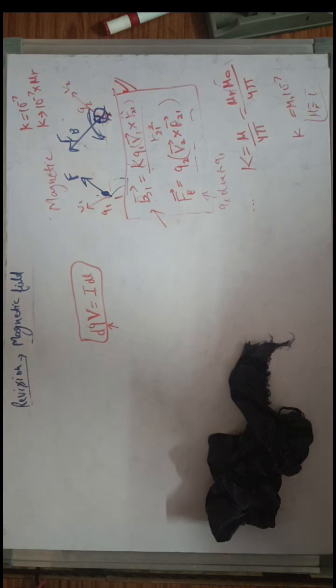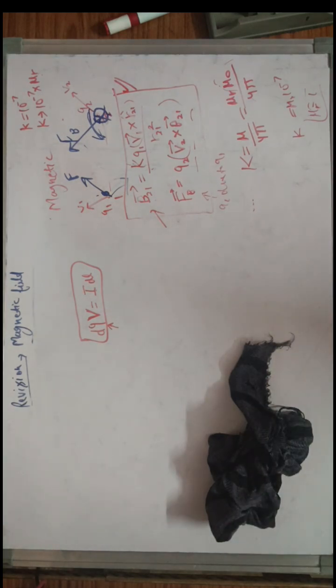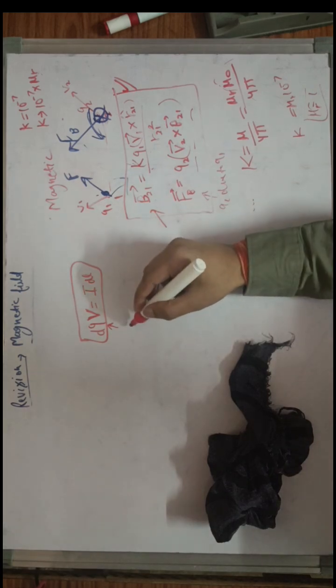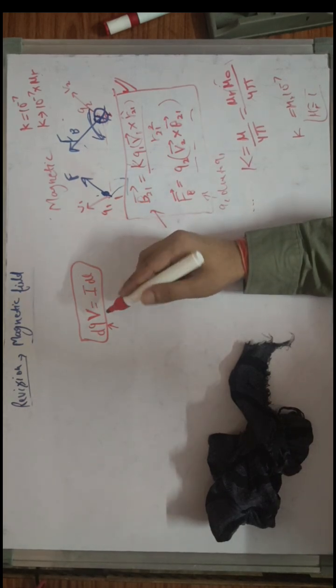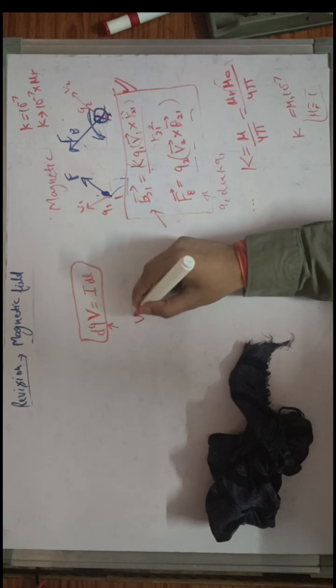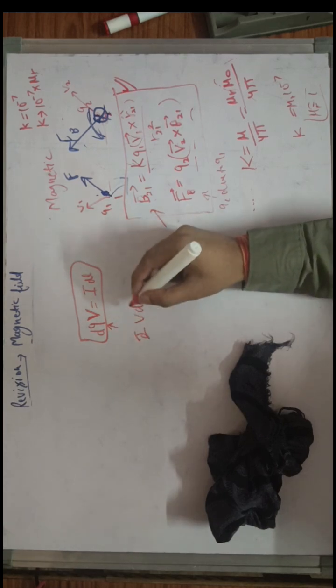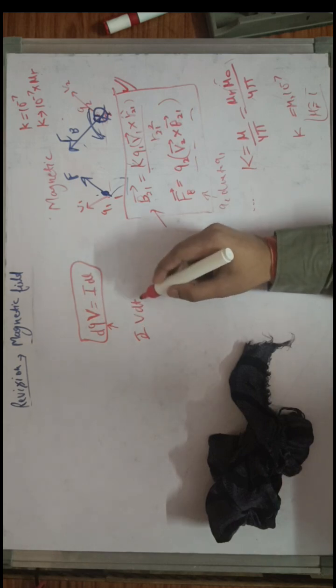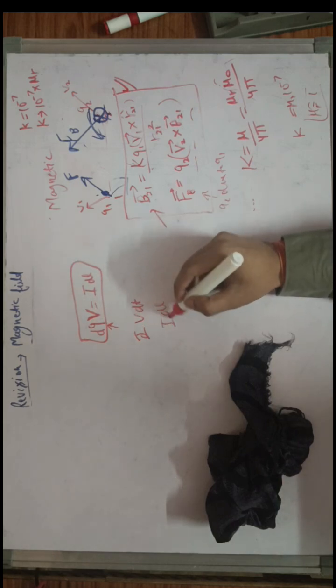This dq can be written as I dt, and v dt will give that length, so v dt will become dl. This gives I dl.